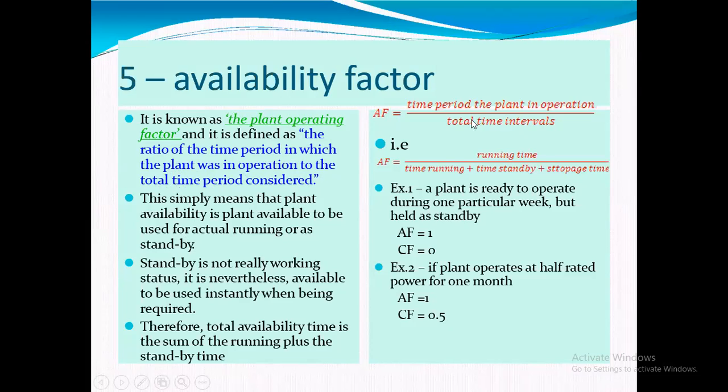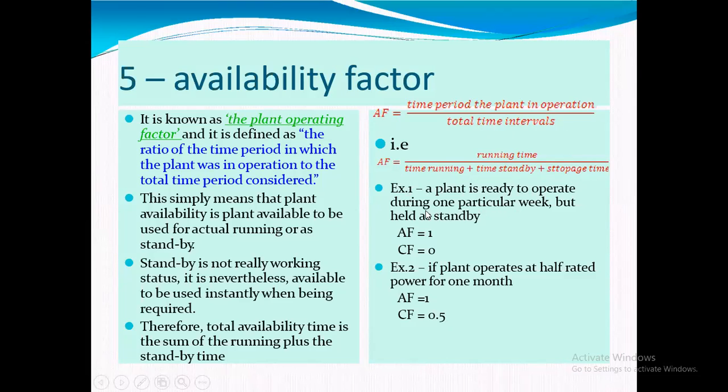The formula: availability factor equals the time the plant is in operation over the total time interval. The total interval is running time plus standby time and stoppage time, and dividing running time by it, we get the availability factor.